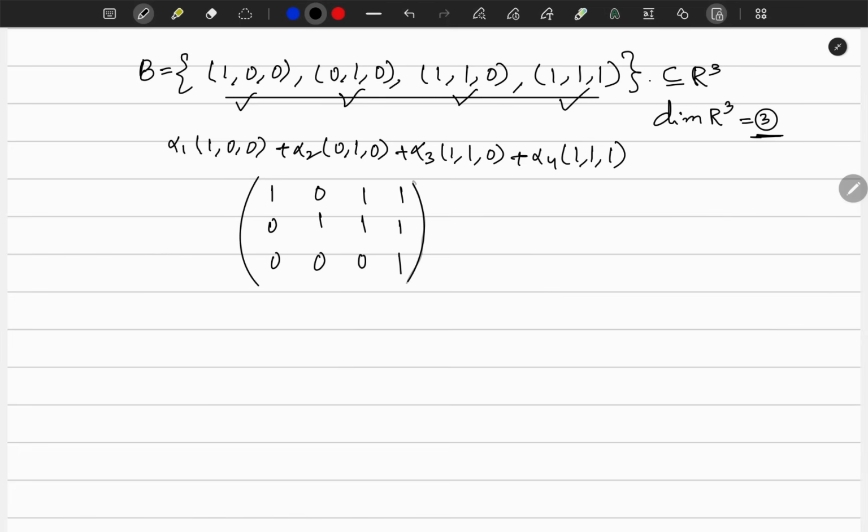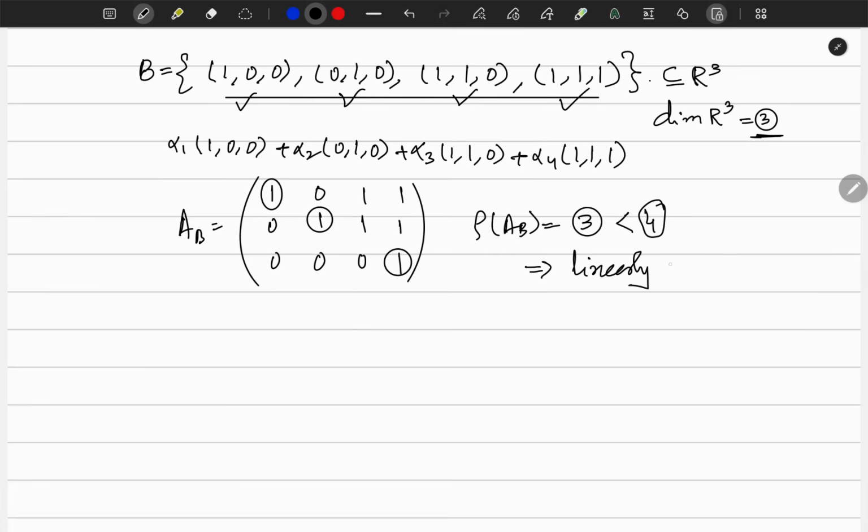This is already in echelon form. The rank of this matrix is 3, and you have 4 unknowns: alpha 1, alpha 2, alpha 3, alpha 4. So it is linearly dependent and has infinite solutions. Clear? So it is not a basis.